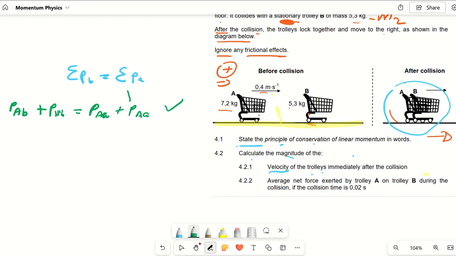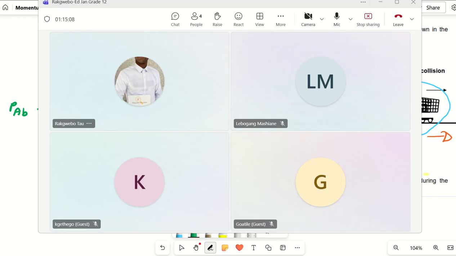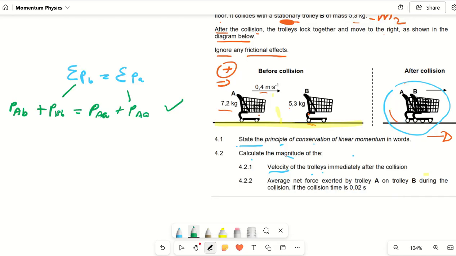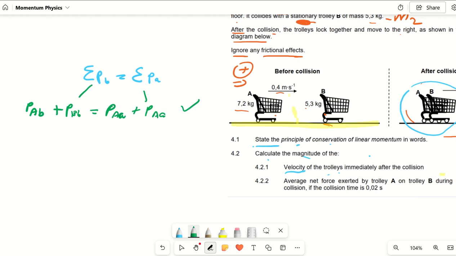Do you guys understand this equation? All of you? Okay. Sharp. You guys understand the formula? So now that is the only thing we're going to use here, right? So remember the axis to find the velocity of the trolleys immediately after collision. This velocity was basically moving there.